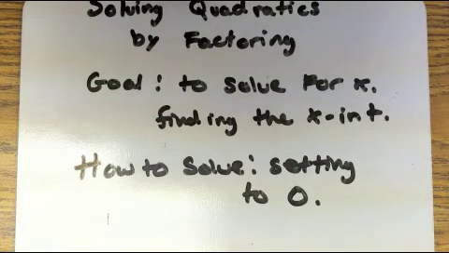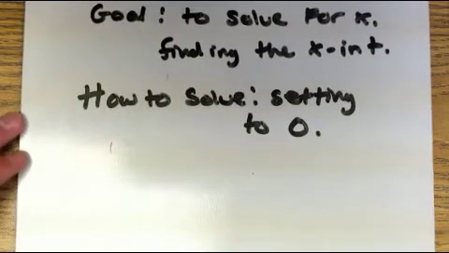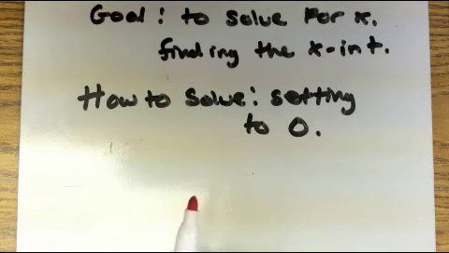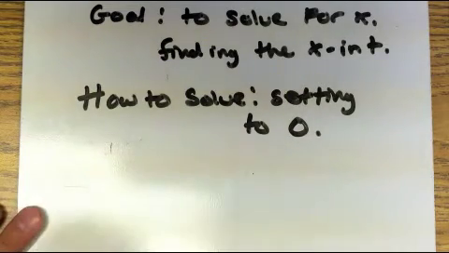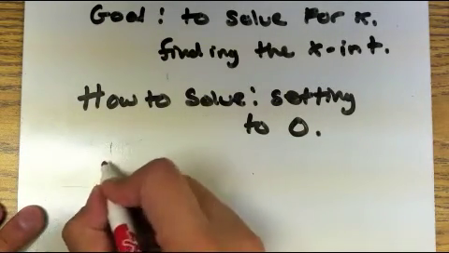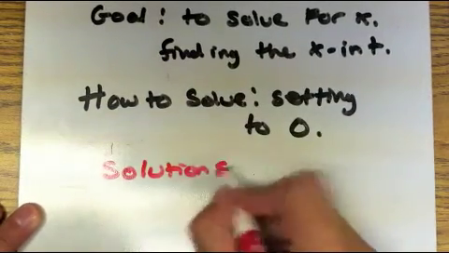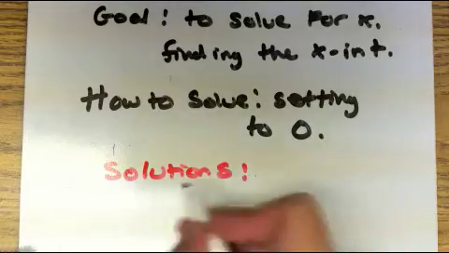What may we see? I want to give you a heads up on this. What type of solutions may we run into? The first type of solution that we might run into is something like this. There are two types that we're going to run into.